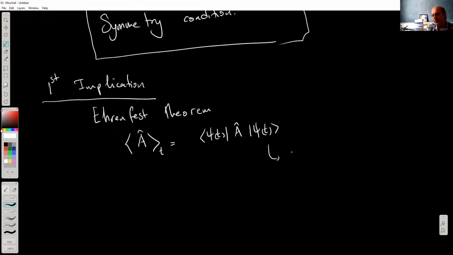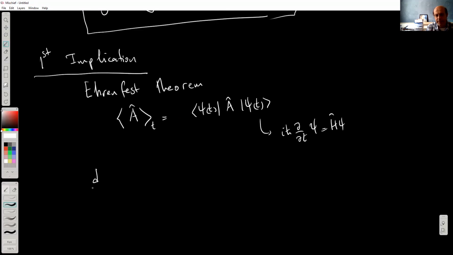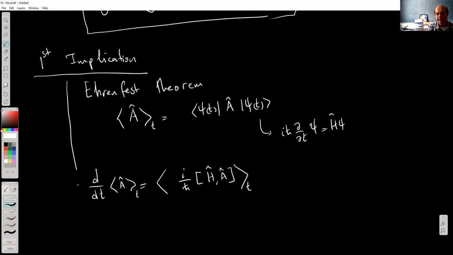The time dependence is governed by the Schrodinger equation: the time derivative of psi is equal to H psi and so on. I don't want to go into this. So basically, the Ehrenfest theorem says that the time derivative of that expectation value at time t is given by the expectation value of i over h bar times the commutator of the operator with the Hamiltonian.